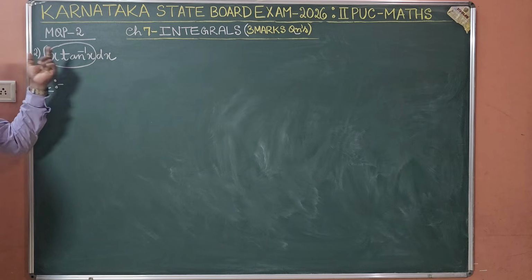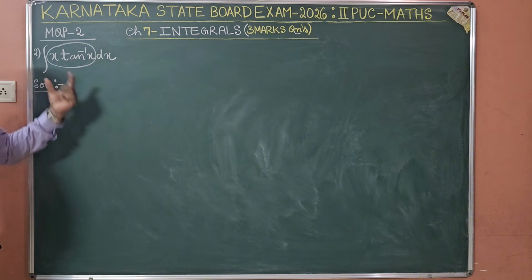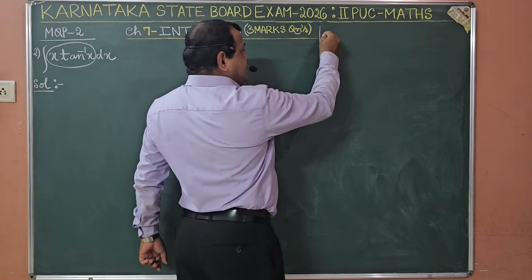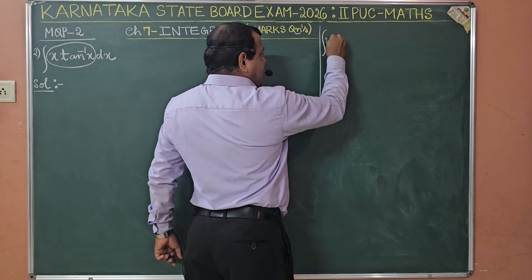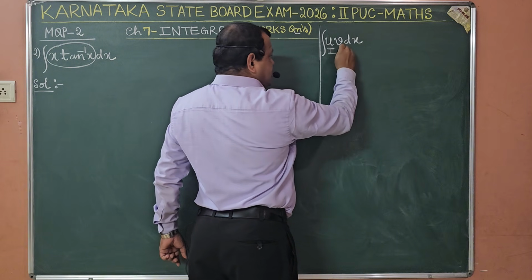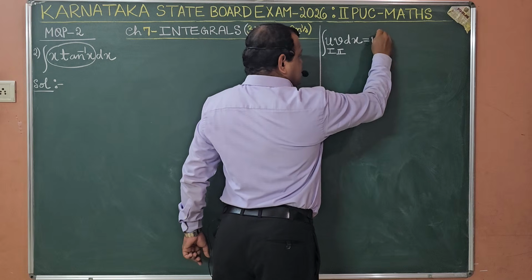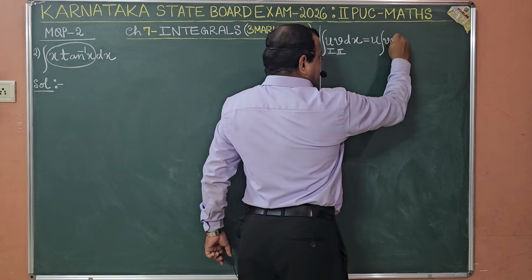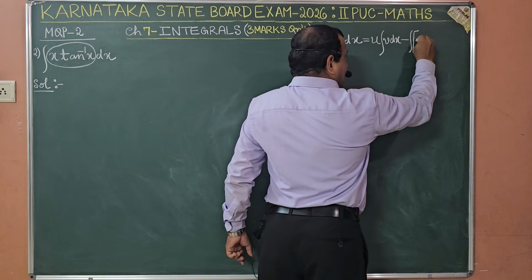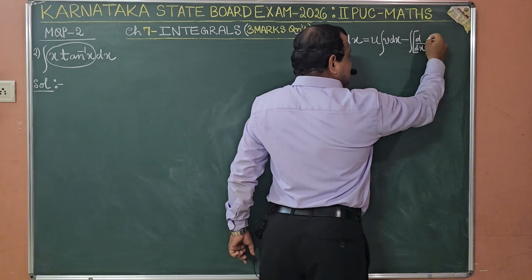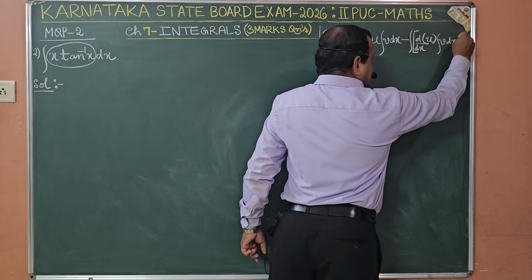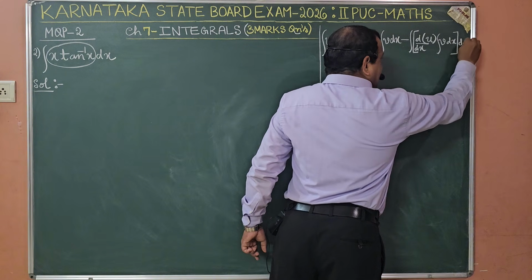In my previous video, I explained the integration by parts rule. Here in the rough work side, I would like to mention it once again. Integration by parts rule: the integration of u into v dx, that is first into second, is equal to first function u into the integration of second function v dx, minus integration of, open the bracket, d by dx of first function u into the integration of second function v dx, close bracket, dx.